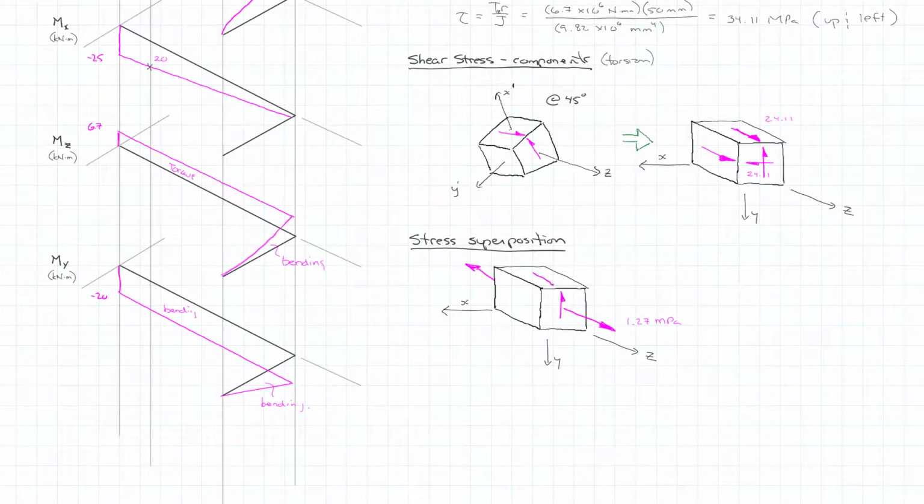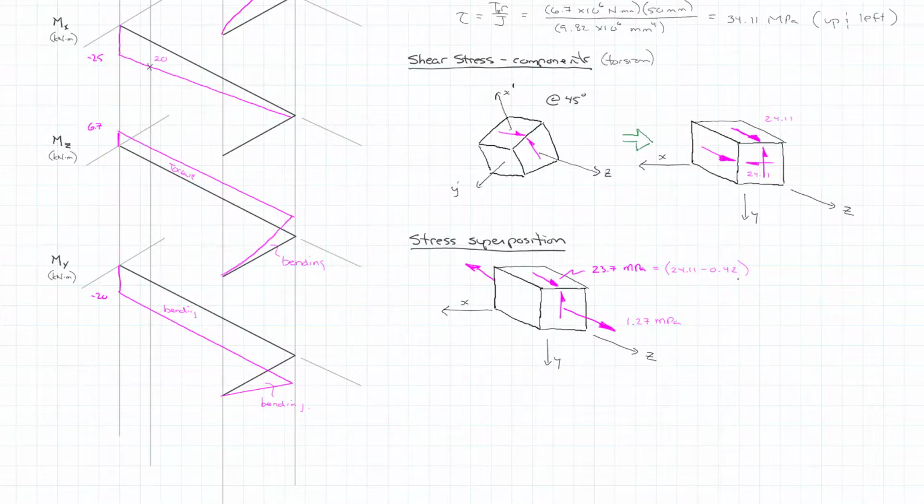And that would be balanced here. And obviously the two on the back face that we're not showing. So that's 23.7 megapascals. And that was equal to our 24.11, subtract our 0.42.